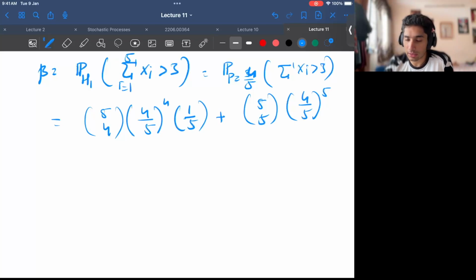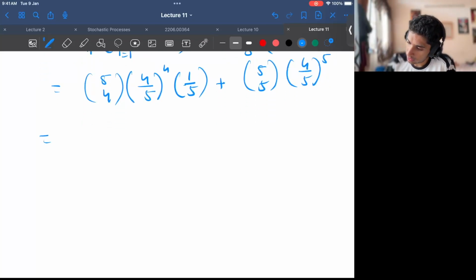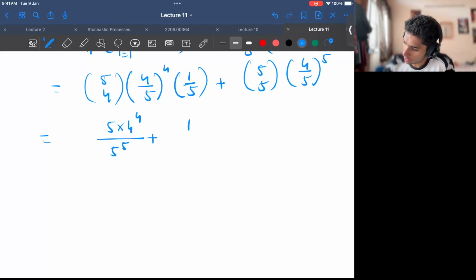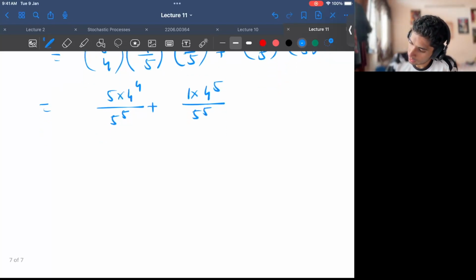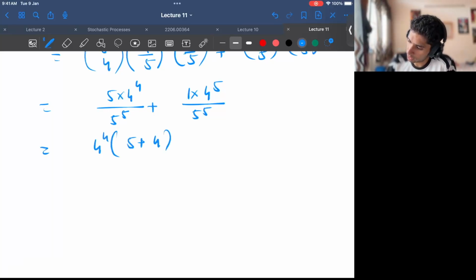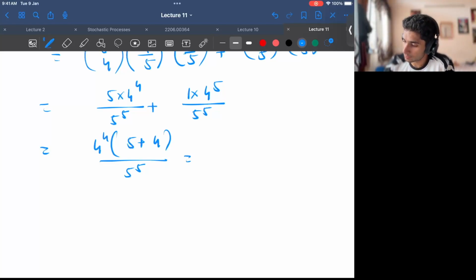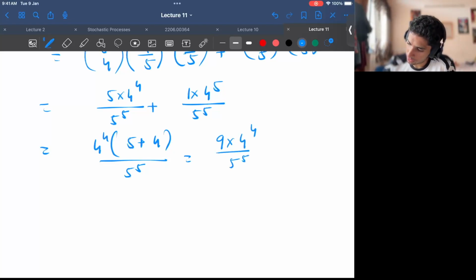Right? So a simple thing. What will this become? 5 into 4 raised to 4 by 5 raised to 5, plus 1 into 4 raised to 5 by 5 raised to 5. This thing will become 4 raised to 4 will come out, 5 plus 4 by 5 raised to 5. This thing is looking weird. So 5 plus 4, 9 times 4 raised to 4 by 5 raised to 5.